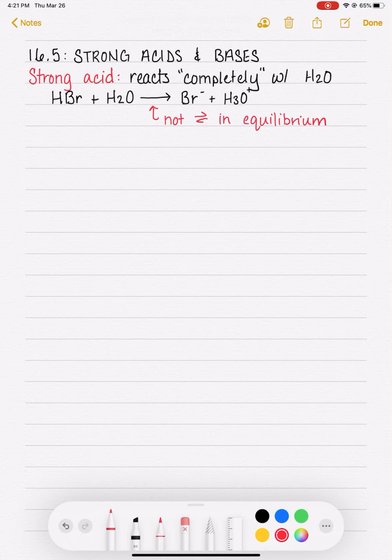There are only 6 or maybe 7 strong acids, depending on who you ask, what book you might be looking at.